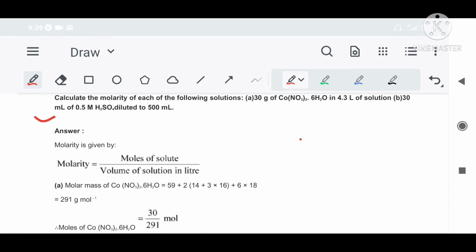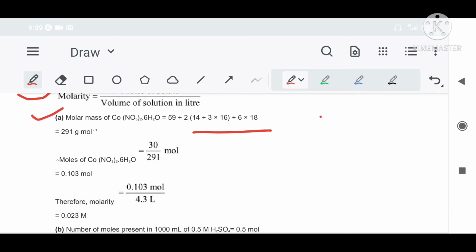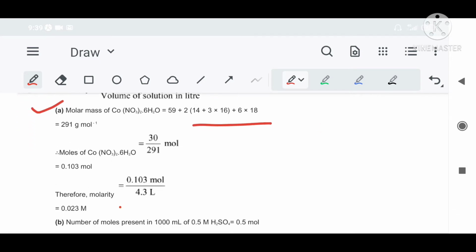Now question number 3: calculate the molarity. A molarity related question. In this, the volume is given as 4.3 liter, 30 gram weight is also given, and 30 ml of 0.5 M H2SO4 diluted by 500 ml. So we have to use the molarity formula here. Molarity is moles of solute upon volume of solution in liter. For this we find out the molecular mass, that is 291.